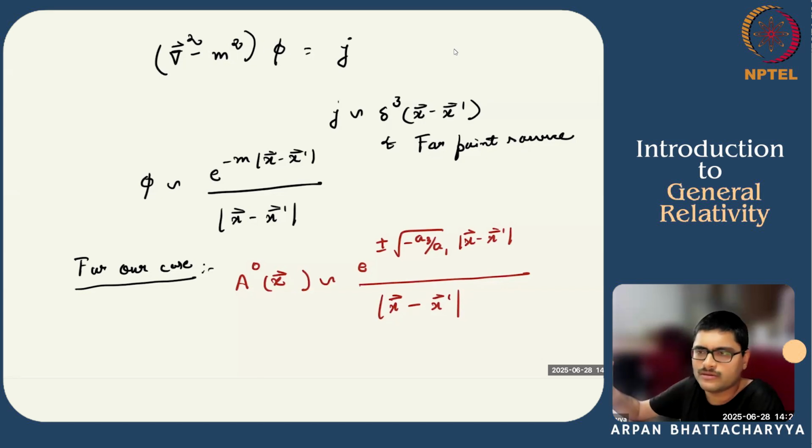Or if it is opposite, that A3 by A1 is itself positive, so whatever is inside the square root is negative, then we will have a sinusoidal solution.